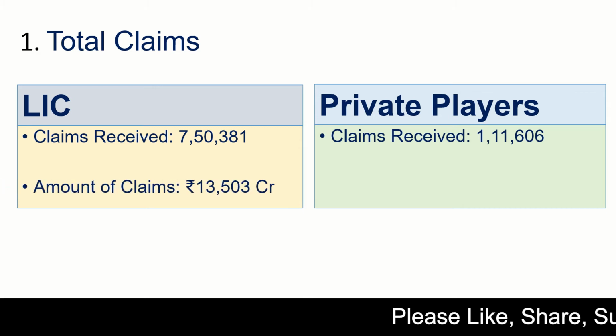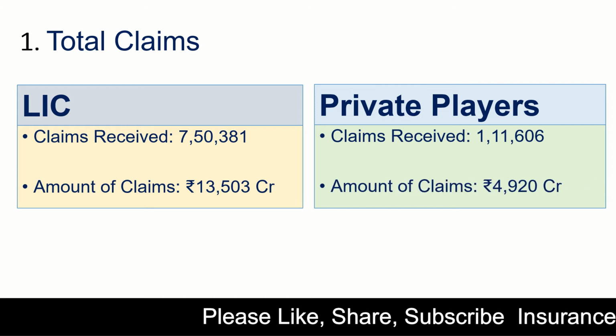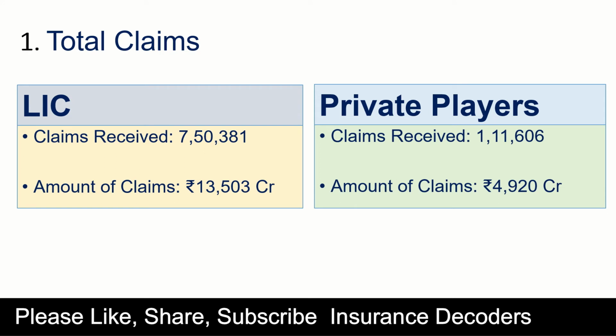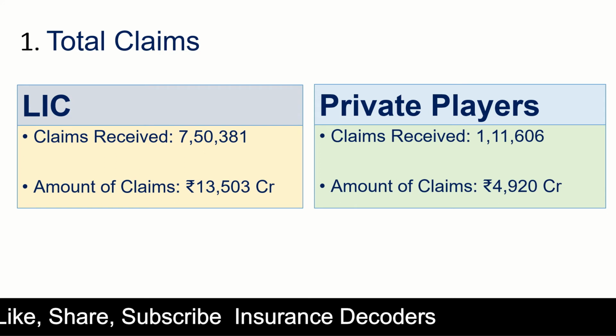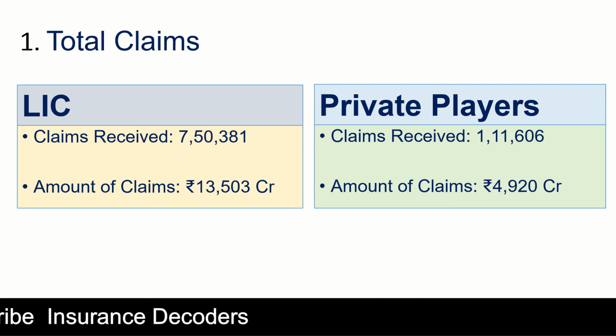Amount of claims: LIC received 13,503 crore and entire private players received claims of 4,920 crore. So here also for the claim amount, LIC is 3 times larger than the entire private players.